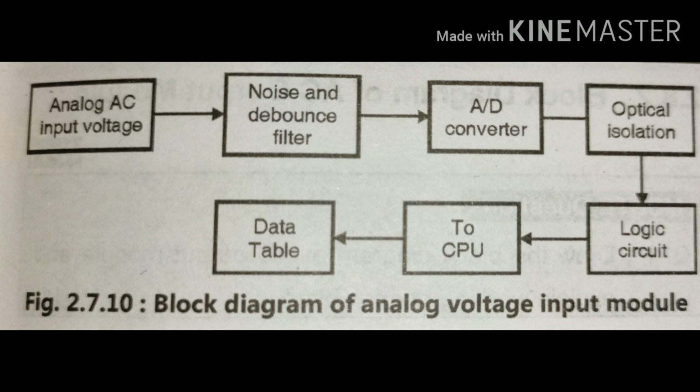The digital signal is then passed through an optical isolation circuit to a logic circuit. The logic section passes the digitized signal to the CPU and to the data table for storage. So this was a simple example. We have seen what optical isolation is and where the data is stored.